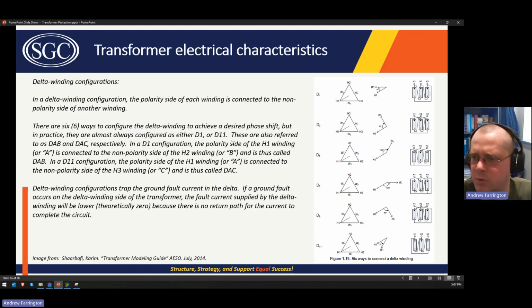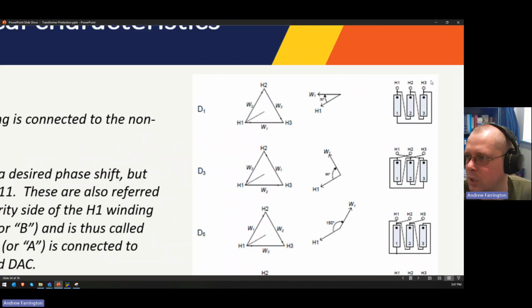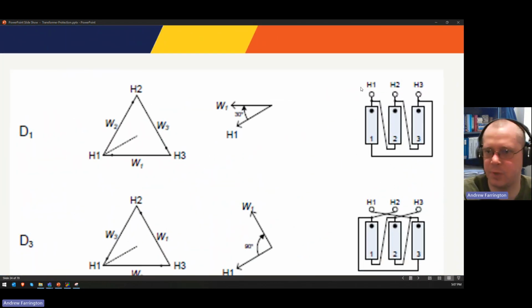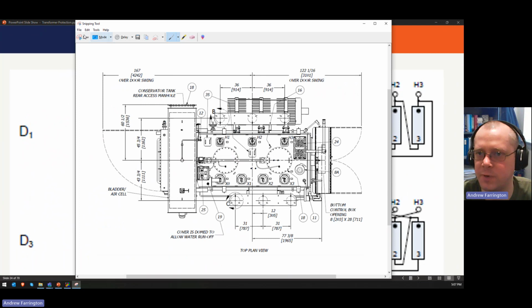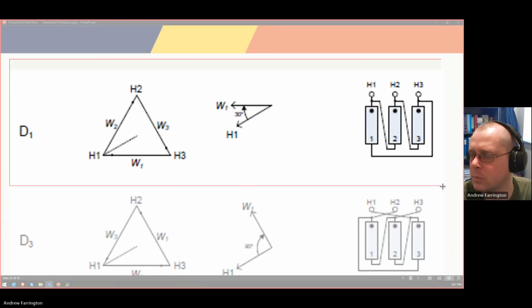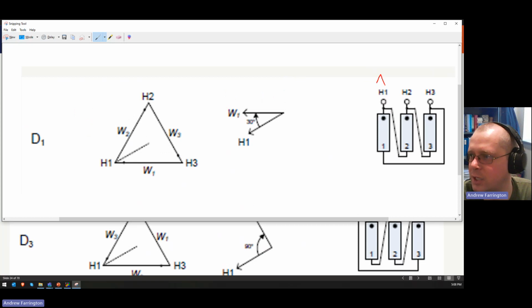Oh, this was something I want to talk about, the DAB versus DAC. So this is another type of nomenclature you'll see. What that means is, we zoom in on a D1 phase shift. If we assume that we connect the H1, H2, and H3 bushings to A, B, and C, then the polarity of the A bushing is connected to the non-polarity of the B bushing.